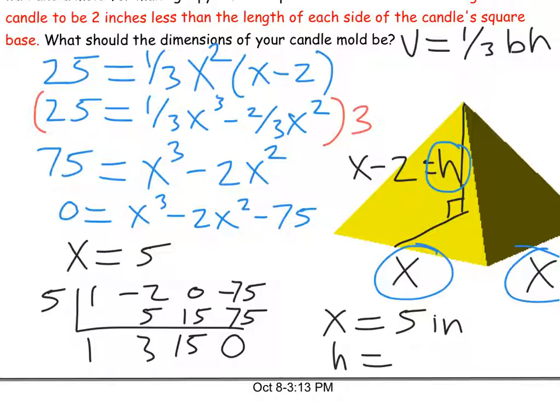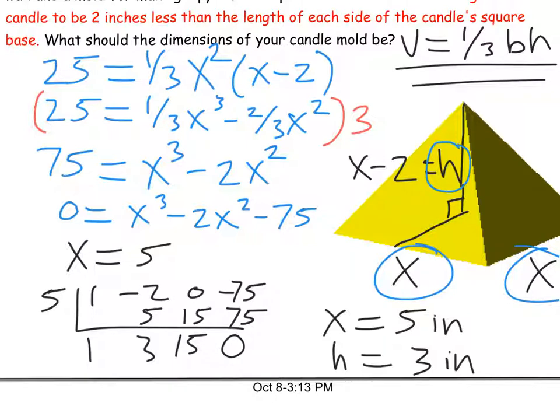Simple jump to get to h. If I said the base was going to be 5 by 5, my relationship to the height says it's going to be 3. Now here's the cool thing. You can go back to your volume formula, which we had up here. You could plug in 25 for the base and 3 for the height. Like, you can crunch those numbers.